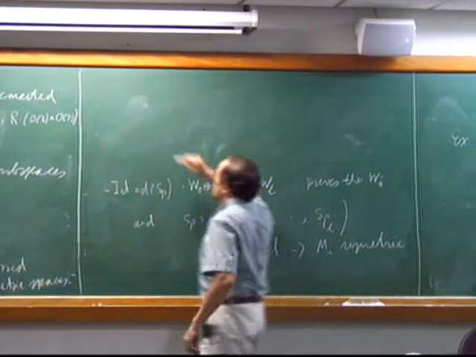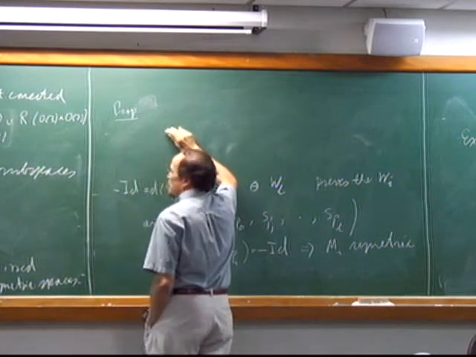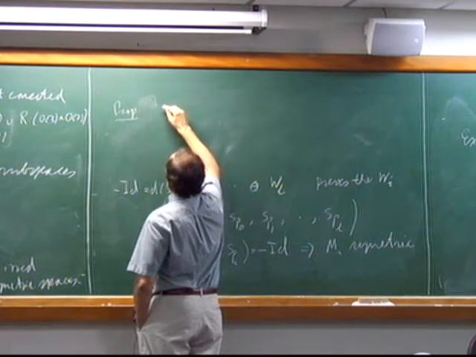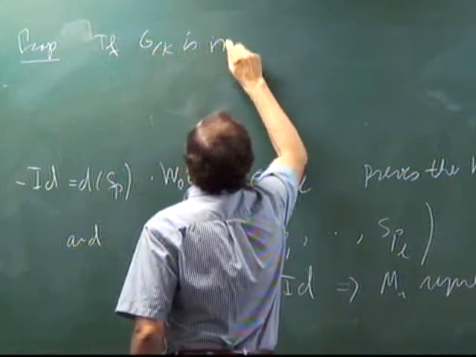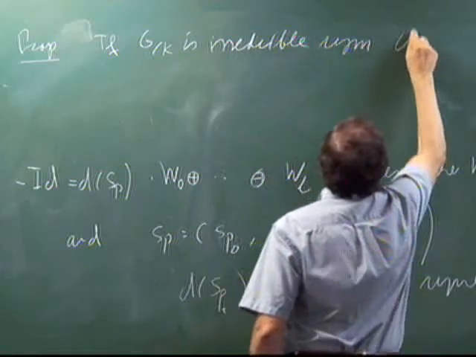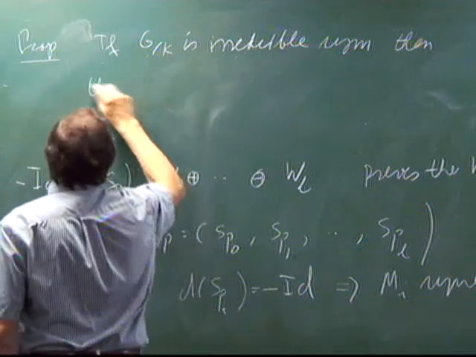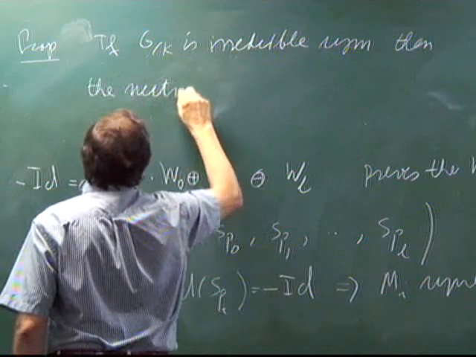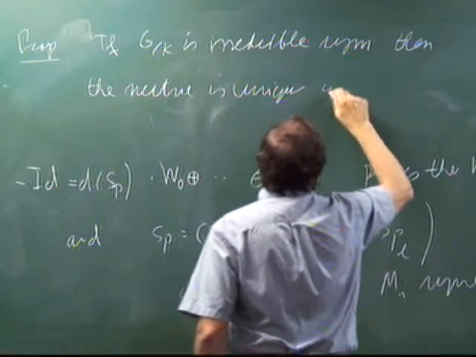One more fact. It's useful and maybe motivates, again, this definition also. If G mod K is an irreducible symmetric space, then first the metric is unique up to a multiple.